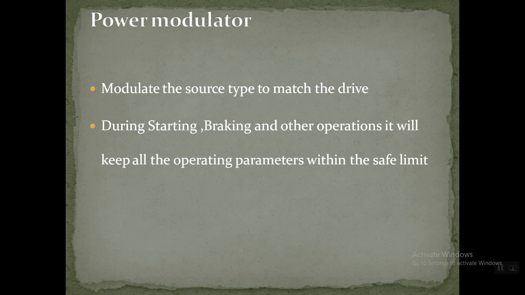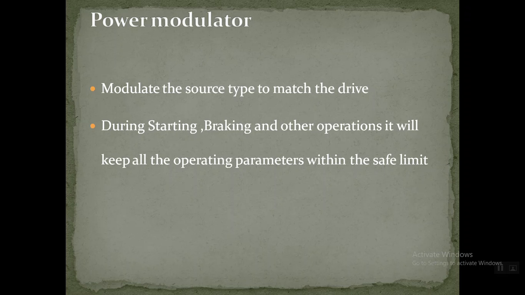Then about the modulator. The function of the modulator is to match the source and the drive. Suppose our source is AC and the motor is DC, then the modulator will convert the AC to DC. Here we use a rectifier as a modulator.